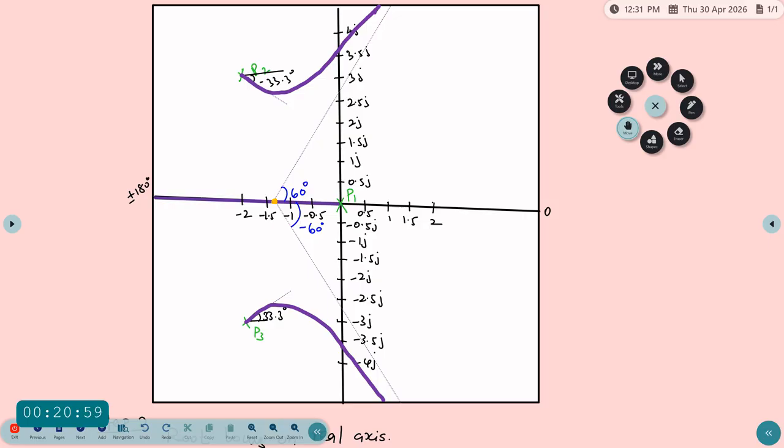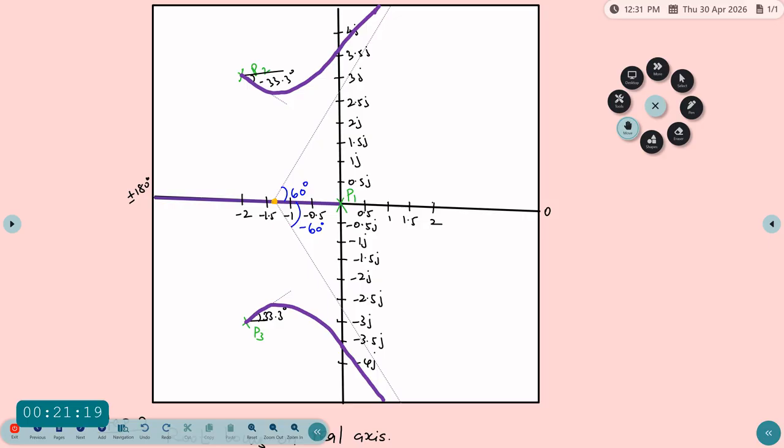Then step number 4 is to find the breakaway and the break-in point. So we have some steps. We need to identify the characteristic equation. From the characteristic equation, we should find the formula for k, then dk by ds. Then we need to identify the roots of dk by ds.